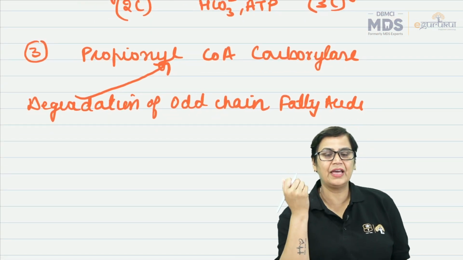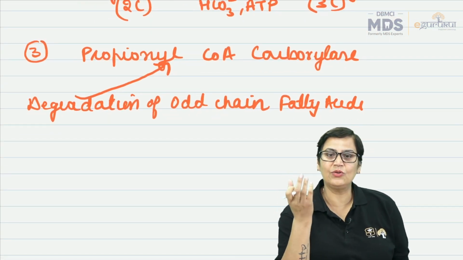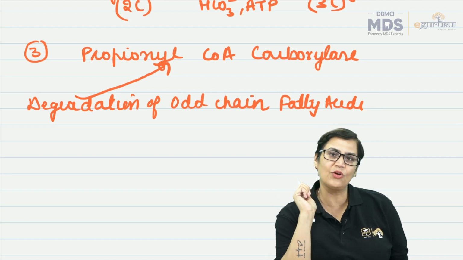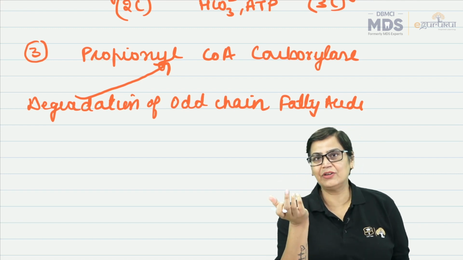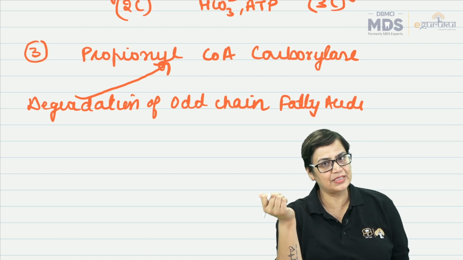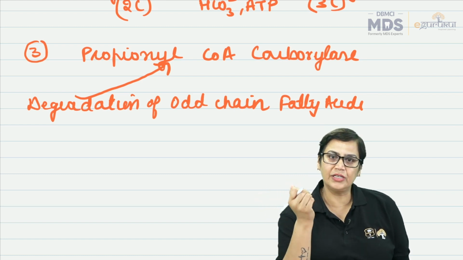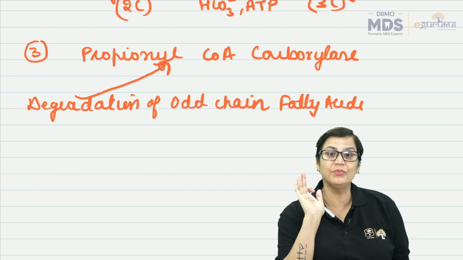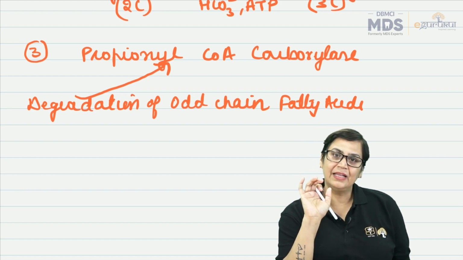Because whenever we are eating fats in our diet, we don't know whether we are eating even chain or odd chain. So whatever fatty acids are there, if they are even chain, they will be degraded to form acetyl-CoA. But if they are odd chain, they will be degraded to form propionyl coenzyme A.